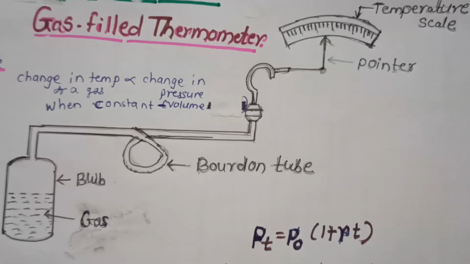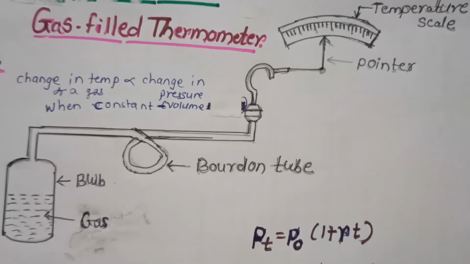Nitrogen gas thermometer, its range is minus 200 to 800 degree Fahrenheit or minus 200 degree Celsius to 500 degree Celsius. Below minus 200 degree centigrade, nitrogen gas does not act like a perfect gas at low temperature, so helium gas should be used.